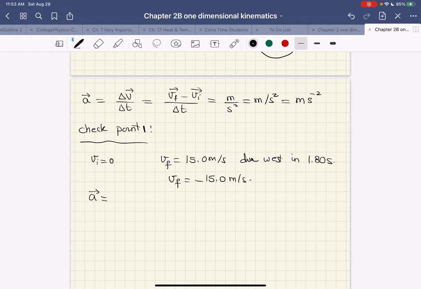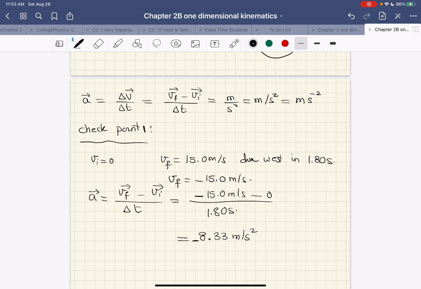a is going to be v final minus v initial divided by the time, and then it's going to be negative 15 minus 0 divided by the time, which is 1.8 seconds. And then you're going to get the magnitude of the acceleration to be 8.33 meters per second squared with a negative.